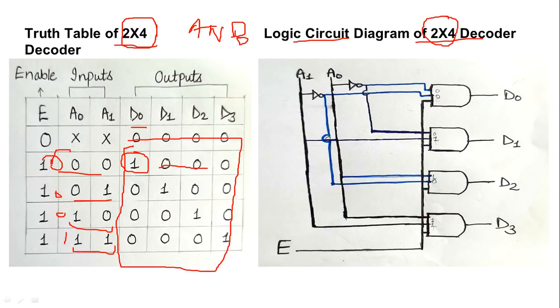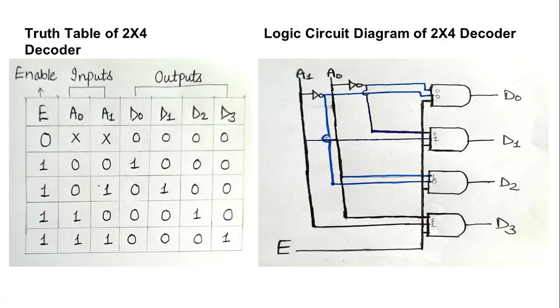Keeping in mind this particular logic, I will design the circuit based on these AND gates. The first thing is, how many AND gates are required? It will purely depend upon the size of the output.